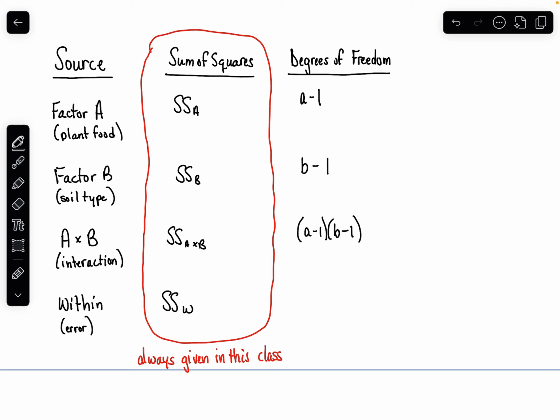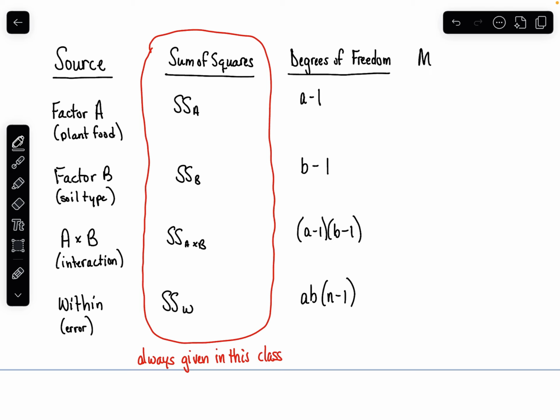For the degrees of freedom within the samples, this one is a little bit weirder, but it is AB times n minus 1, where again, little n is the size of each sample, the number of items in each group. Remember, the requirement was that all of the groups had to have the same number of data points in them.